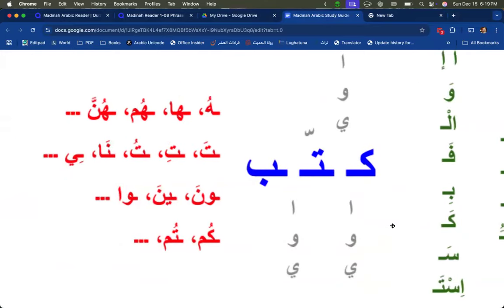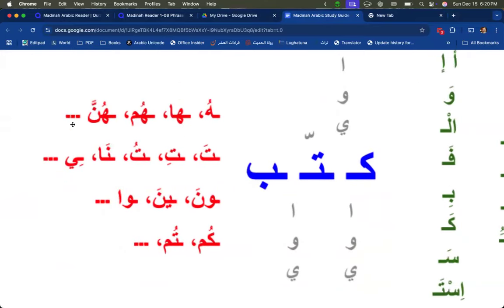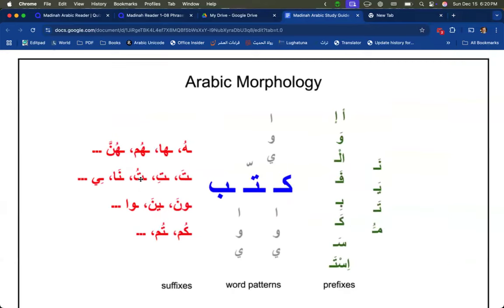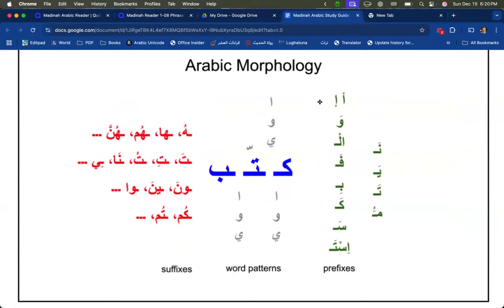And then similarly, there are suffixes after the word, some that we learned last time, like kitabuhu, kitabuha, kitabuhum, kitabuhunna, or katabta, katabti, katabtu, right? These are all suffixes. So you see, this is called Arabic morphology. In Arabic, it's called sarf. Sad, ra, fa. Sarf. Okay?